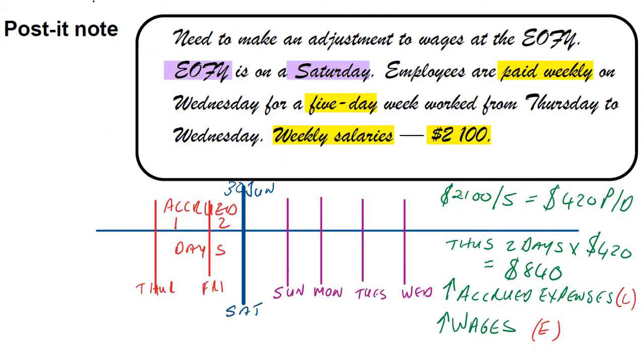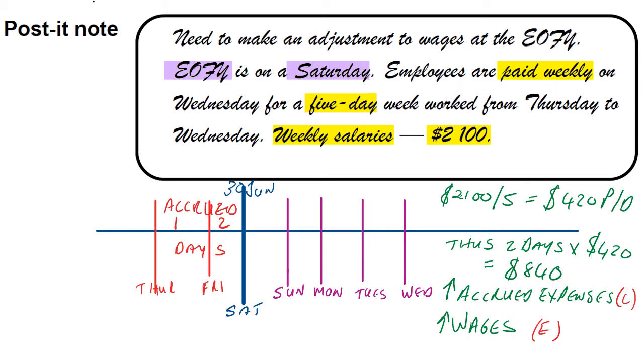The next one was another post note, and here it said important information. End of the financial year is on a Saturday. Employees are paid weekly, where they work 5 days from the Thursday to the Wednesday. They also gave you the weekly salary.